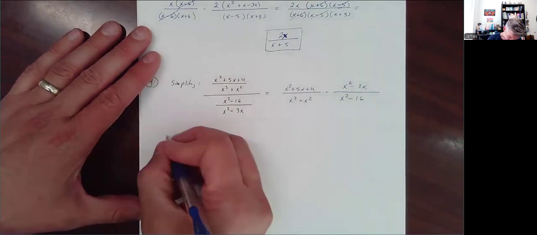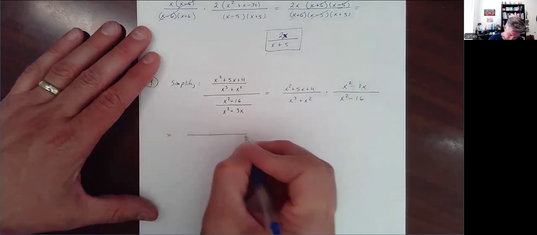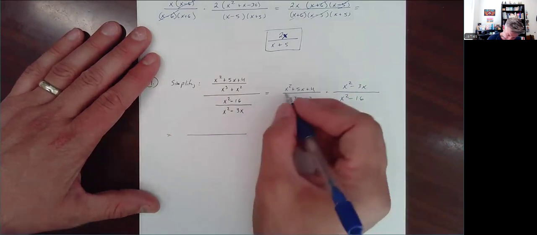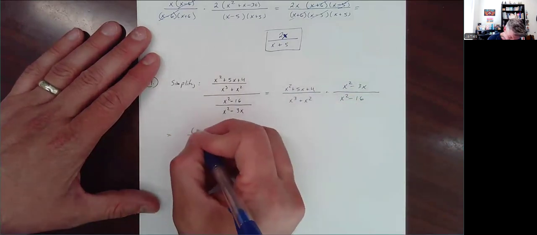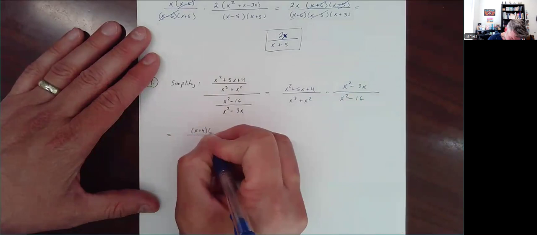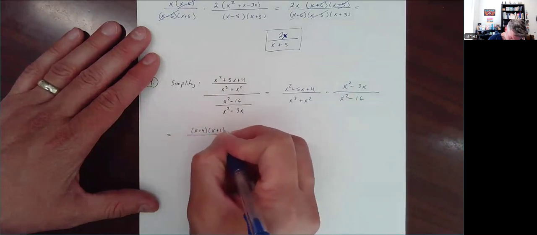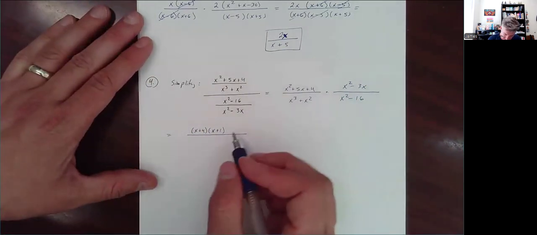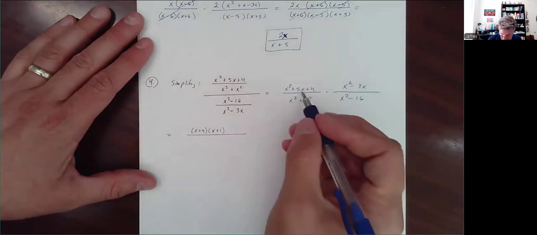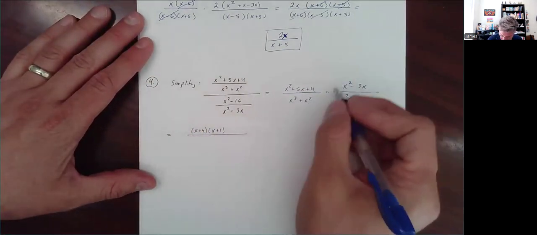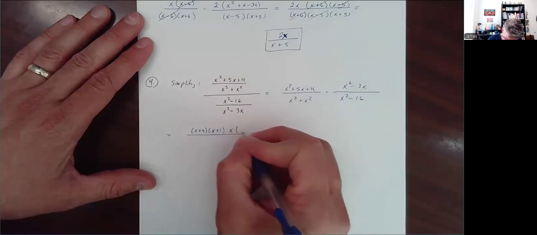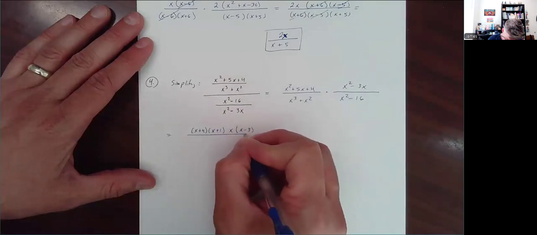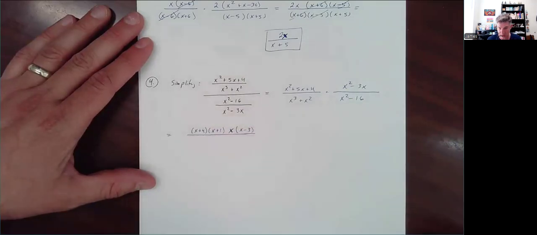Now we're going to simplify, or we're going to factor, I guess. I mean, simplifying is kind of a very broad term. So x squared plus 5x plus 4 factors as x plus 4 times x plus 1. At this point, you can either write it in one fraction or two. I can either write this fraction times this fraction, or I can write this top times this top. That top factors as x times x minus 3. Careful, that's an x there, not a multiplication symbol.